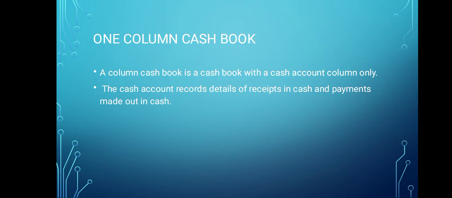The 1-column cash book will only consist of a cash account column only, which qualifies it to be a 1-column cash book. And you have to take note that the details are of receipts in cash and payments made out. Are we together, class? Thank you very much.